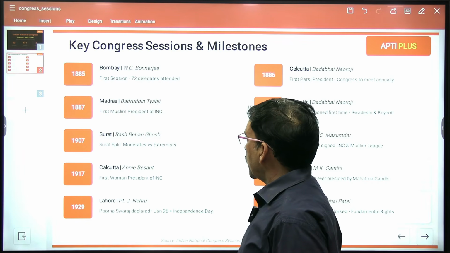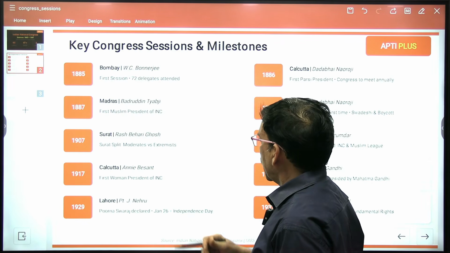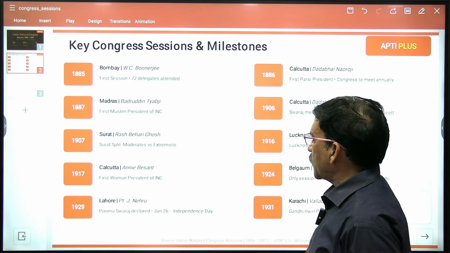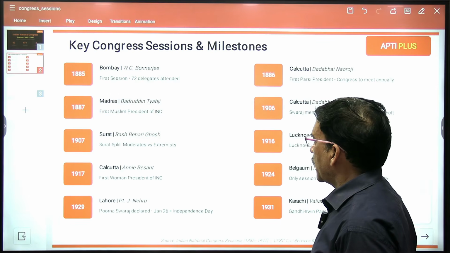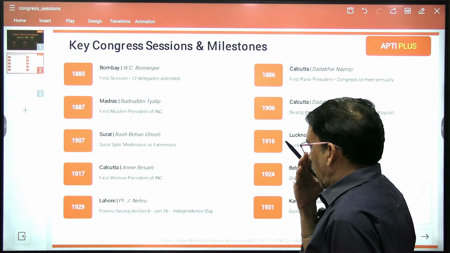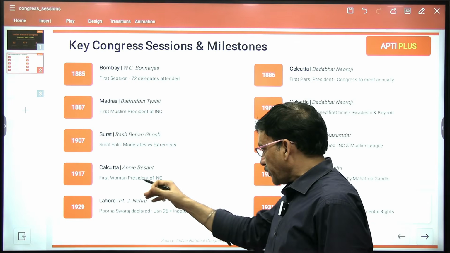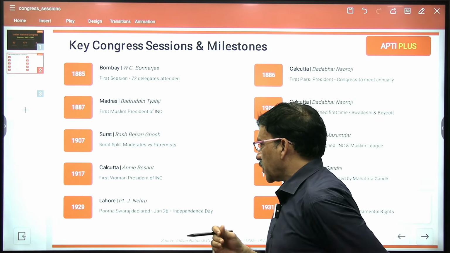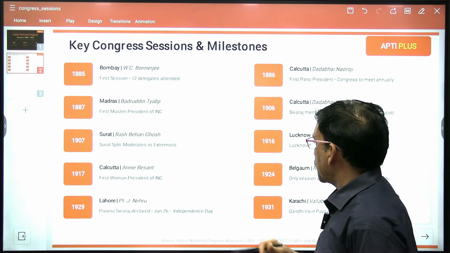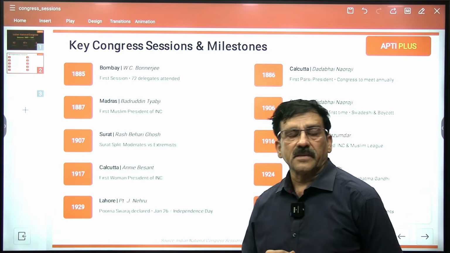W.C. Banerjee, 1887 it is Badruddin Tayyab, he is the first Muslim president. Then in 1907 we have Rash Bihari Ghosh, where the Congress had a split. Then in 1917, Kolkata, we find the first woman to preside Congress was Annie Besant, but keep in your mind, there were three women who presided.